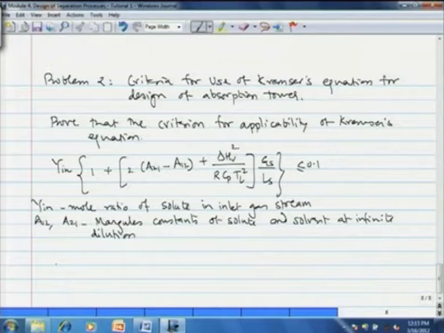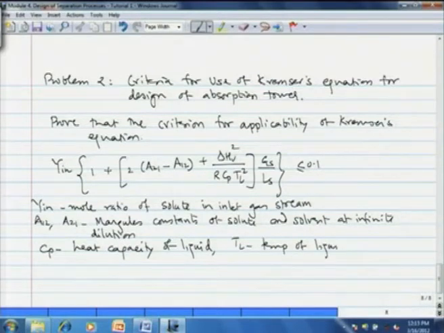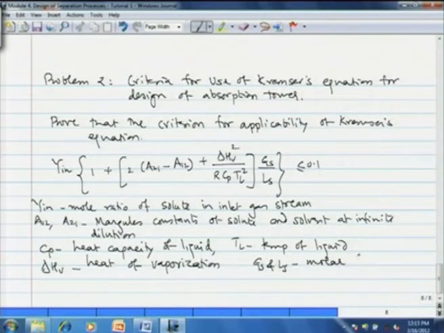Then Cp is the heat capacity of liquid, TL is the temperature of liquid, delta Hv is the heat of vaporization, and Gs and Ls are the molar flow rates of gas and liquid.